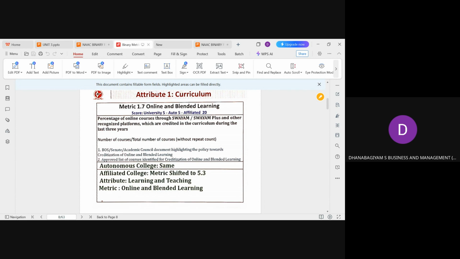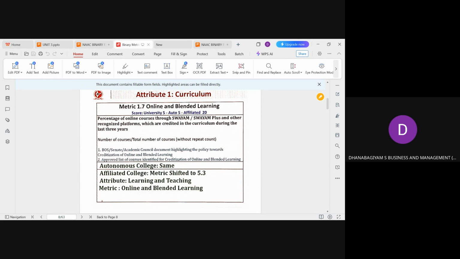For example, if a student from BCom or BBA is employed in an industry tomorrow, the industry expects knowledge of payroll management and dashboard creation. Today there are MOOC courses on the Swayam platform.